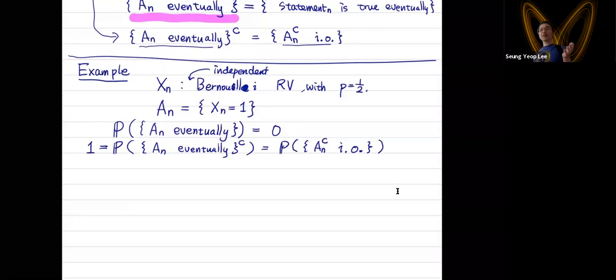Infinitely often, you will get tails. It's not all the time tails. You will get tails here and there, but infinitely often. It will never stop. And that's very likely, right? You will keep getting tails at some point. That's one.